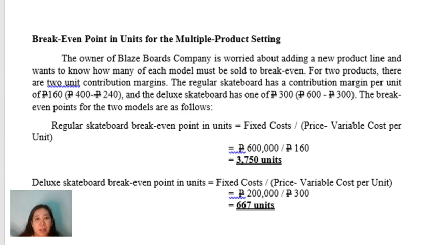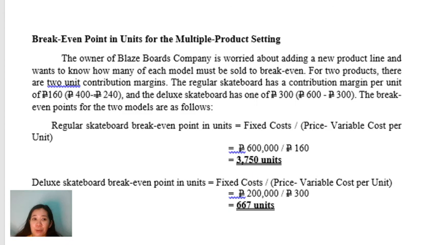Based on the given data, the regular skateboard has a contribution margin per unit of 160, since its selling price is 400 and its variable cost is 240 per unit. For the deluxe skateboard, its contribution margin is 300 because its selling price is 600 and its variable cost per unit is 300.